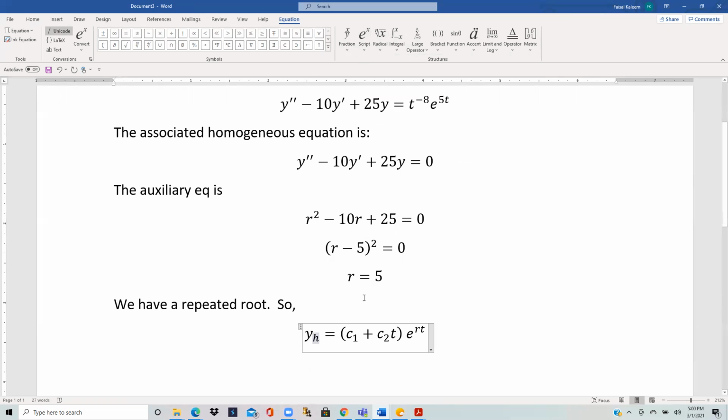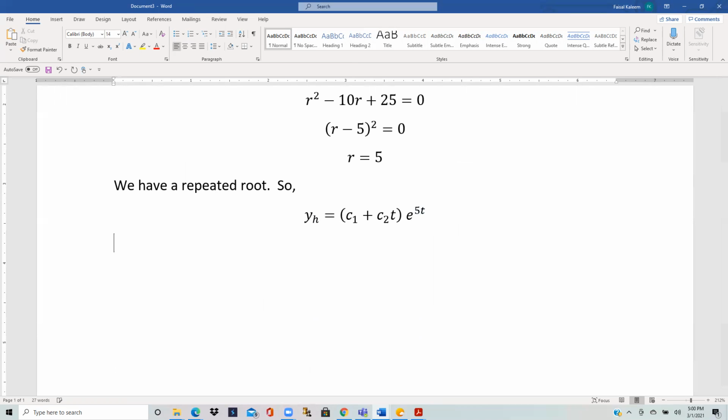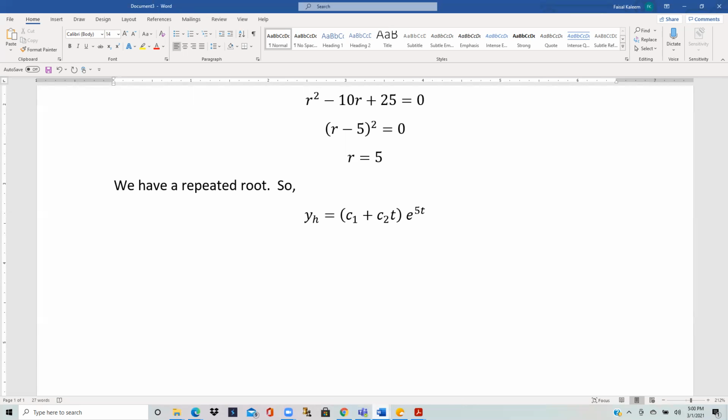So yh is equal to (c1 plus c2 t) e to the rt, and r is 5, so it would be c1 plus c2 t, times e to the 5t. And then we go to the method of variation of parameters to find the particular solution.